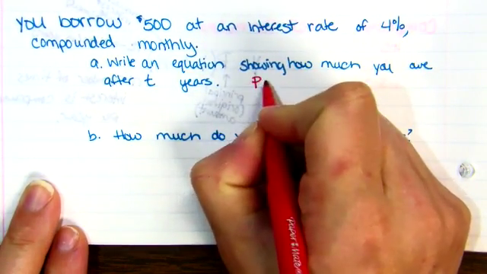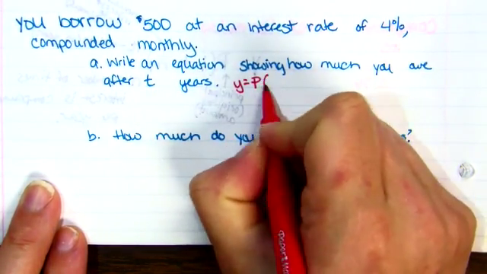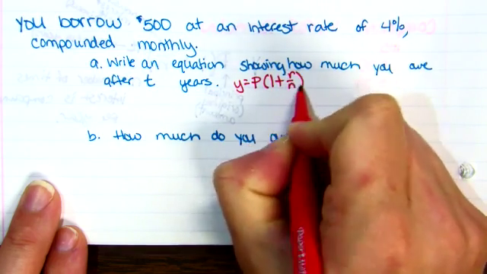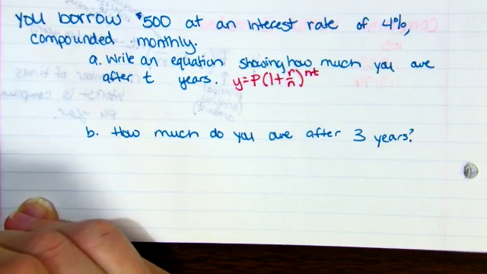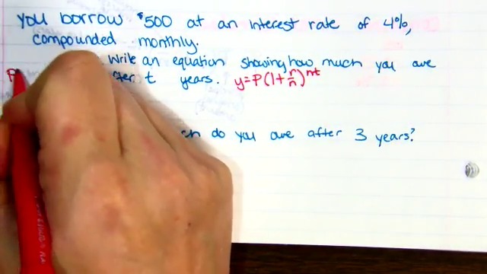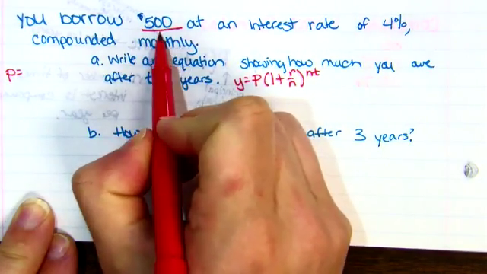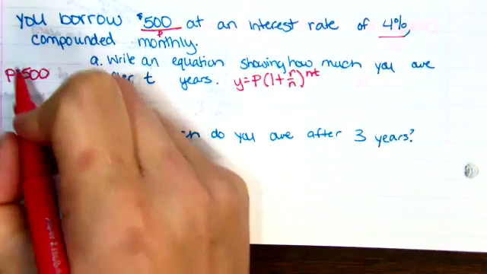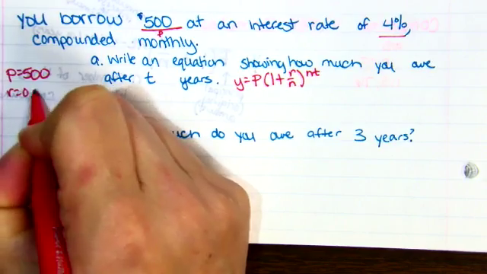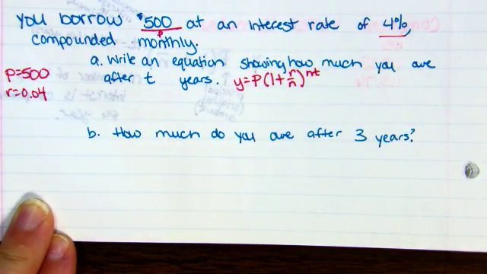So we're going to use y equals p times 1 plus r over n to the nt. And I think it's a good idea to just list what each of your variables are. So p is how much we borrow to start off with. That's 500. R is 0.04, that's 4% as a decimal.